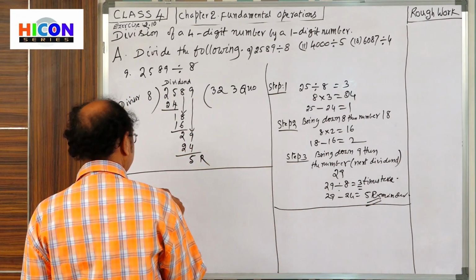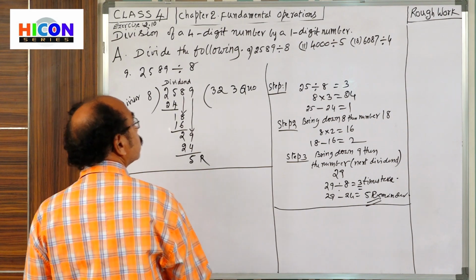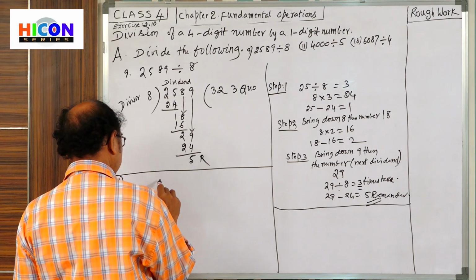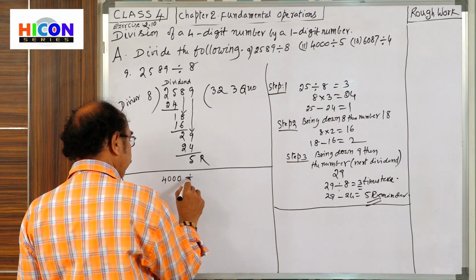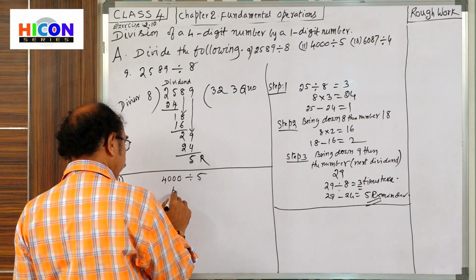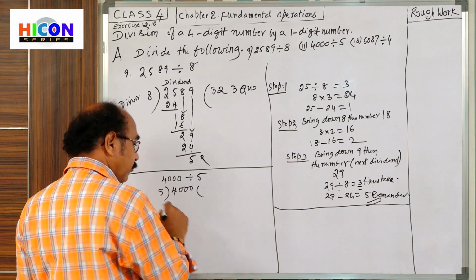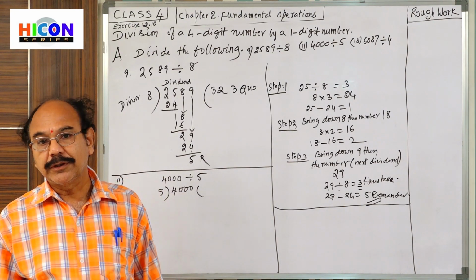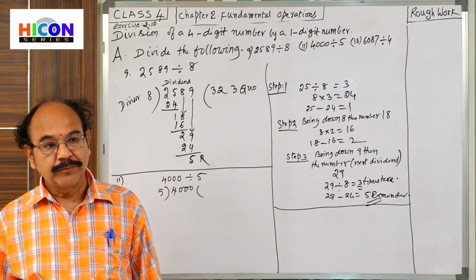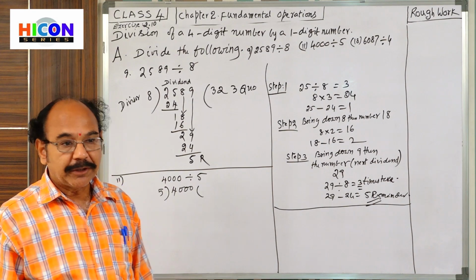4,000 divided by 5. Okay, students, so as usual, take the number 4,000 and divide it by 5.